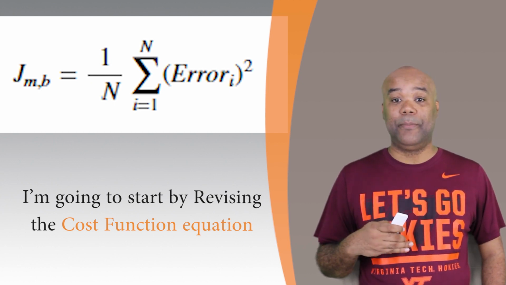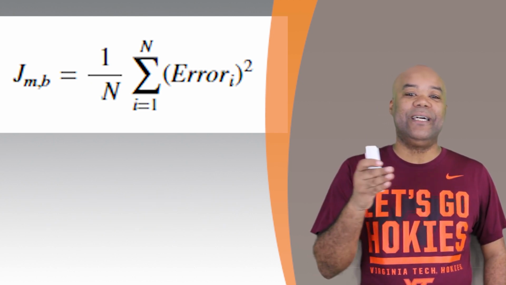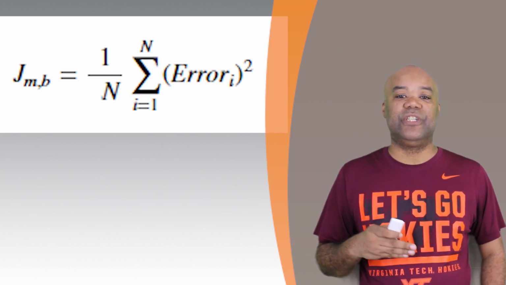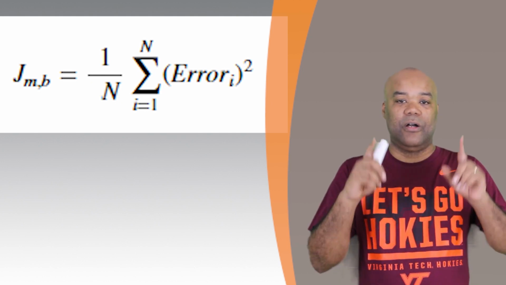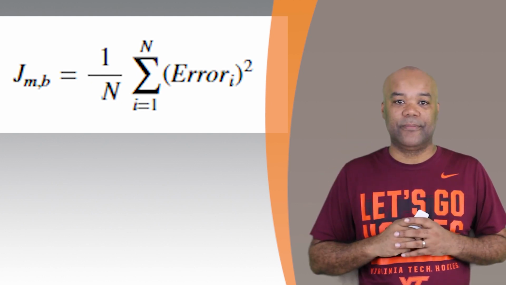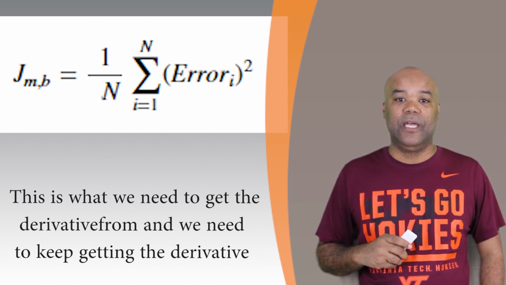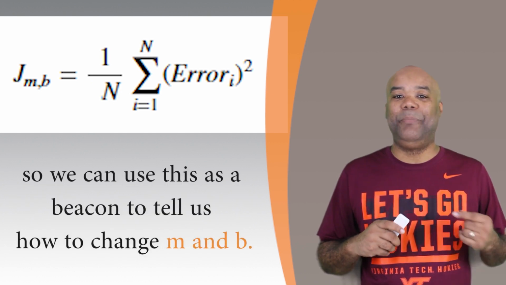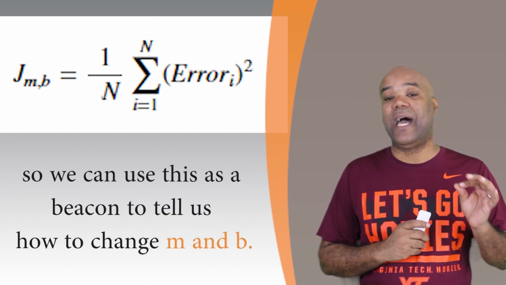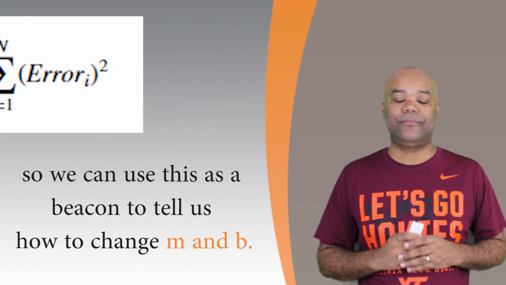J of m comma b equals 1 over n times the summation of the error from i to n squared. This is what we need to get the derivative from, and we need to keep getting that derivative so we can use this as a beacon to tell us how to change the coefficients of m and b.